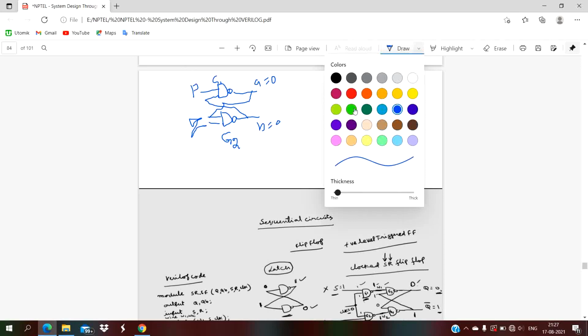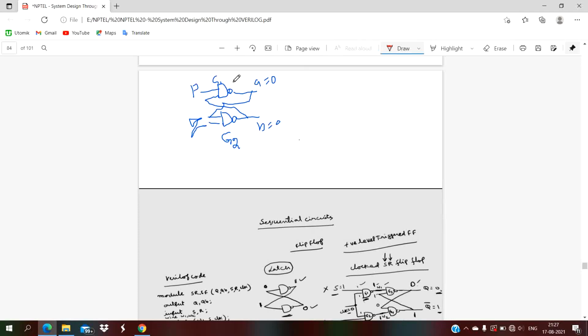This is before execution. After execution, B is equal to 0, here it is equal to 0. The output of G1 is 1 and A is equal to 0, so the output is 1.